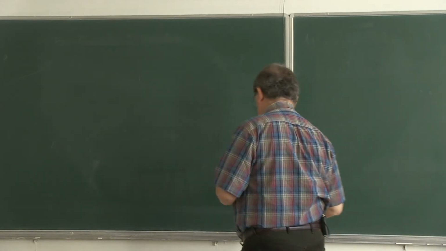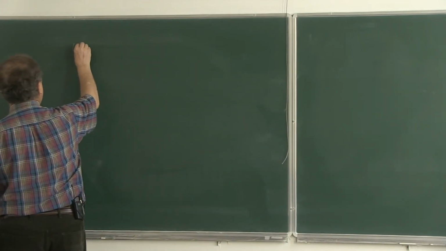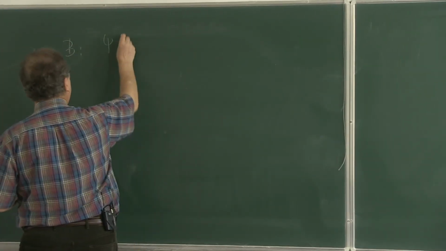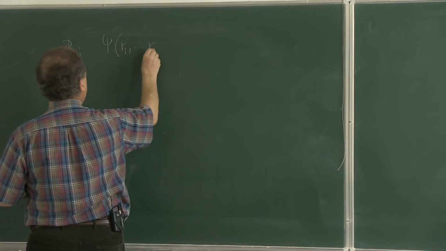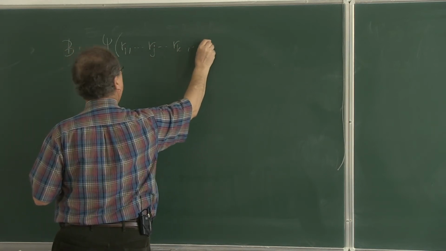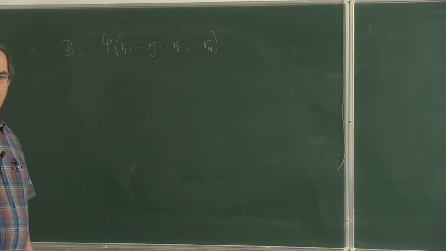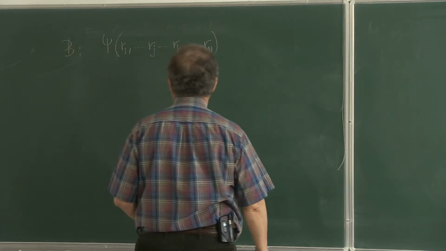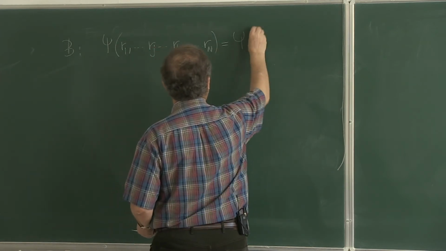Now, for bosons, here is the property for a boson. If you have a wave function for the system, let me interchange two particles, Rj and Rk, with positions Rj and Rk, and get the following function.